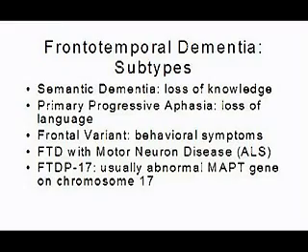So, you can think about subtypes of frontotemporal dementia. In the semantic dementia type, there's a loss of knowledge of the world. It shows up primarily in language, but these are people who, if you say, what's a squirrel? People just don't know. And it's not just the words.